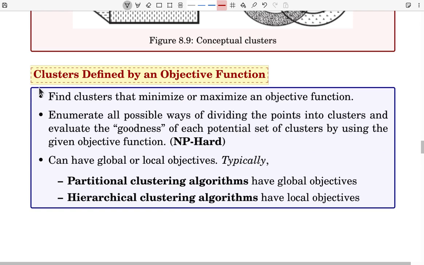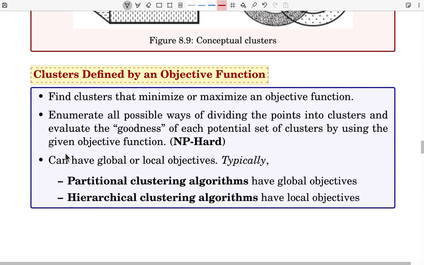Okay, here most clustering algorithms are defined along with an objective function. Along with the objective function, we try to find the clusters that minimize or maximize the given objective function. If you try to enumerate all possible ways of dividing the points into clusters and evaluate the goodness of each potential set of clusters by using the given objective function, then the problem is NP hard.